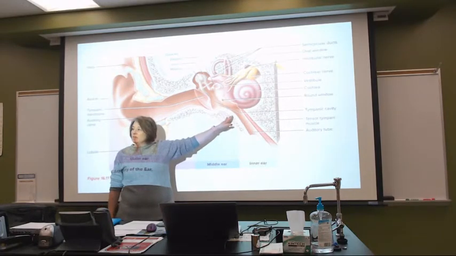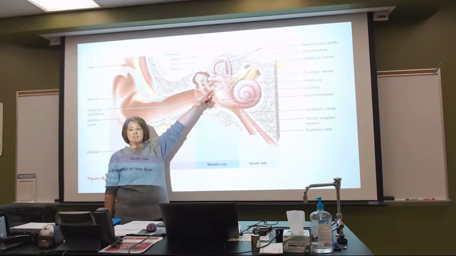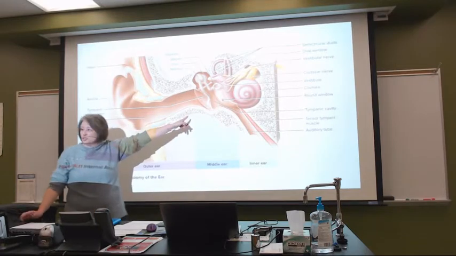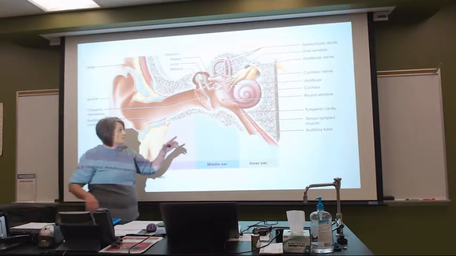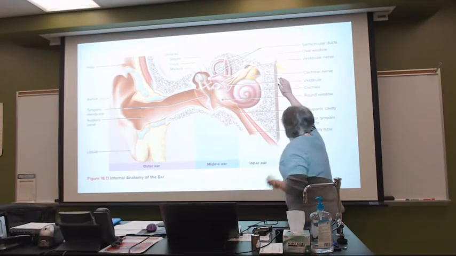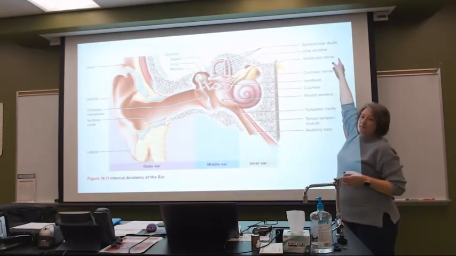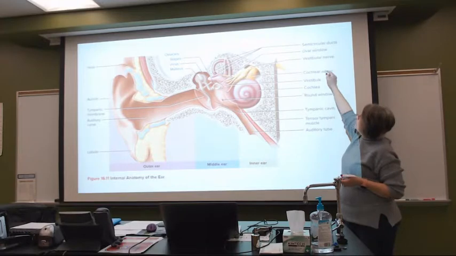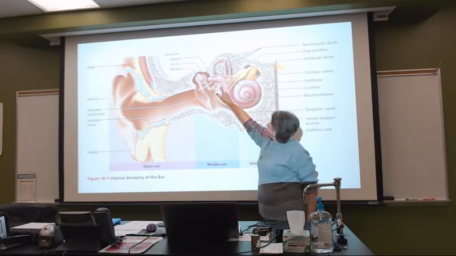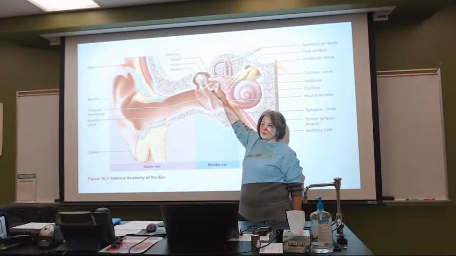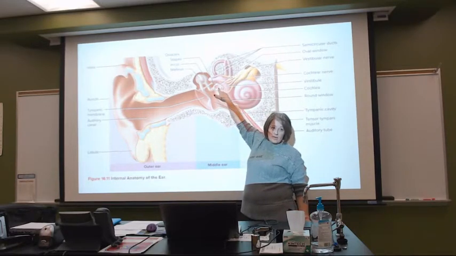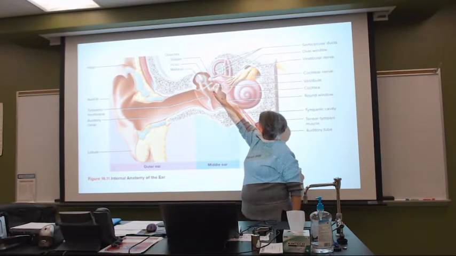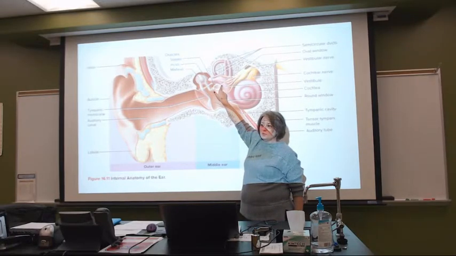In my inner ear, I begin to see some other structures that are present. I'm seeing some semicircular ducts. I've got an oval window that this stirrup, because that's what it looks like, okay, makes a direct connection to.